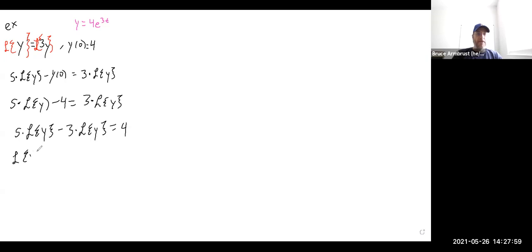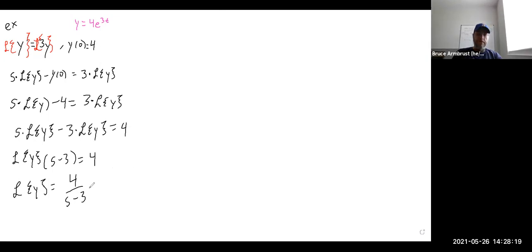Now I factor out the Laplace transform of y. We have the Laplace transform times s minus 3 equals 4. So the Laplace transform of y equals 4 over s minus 3, which is the same as 4 times 1 over s minus 3.